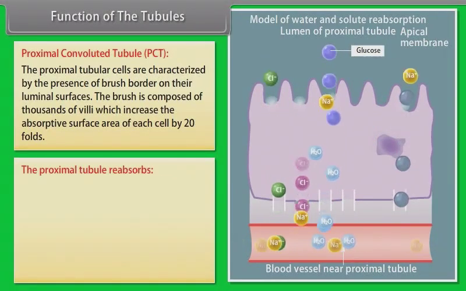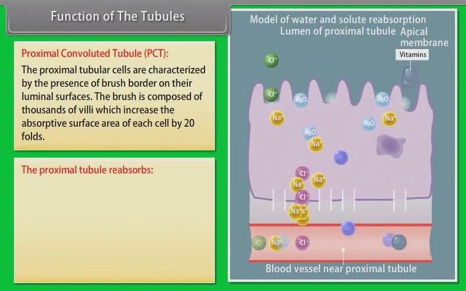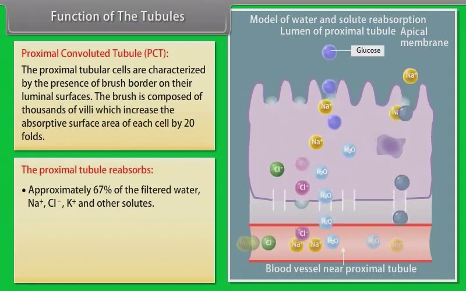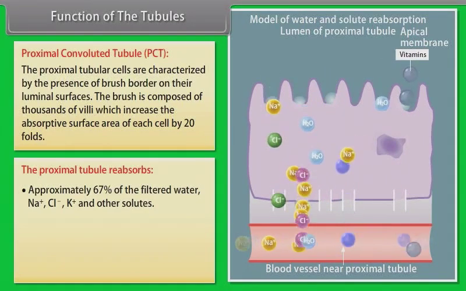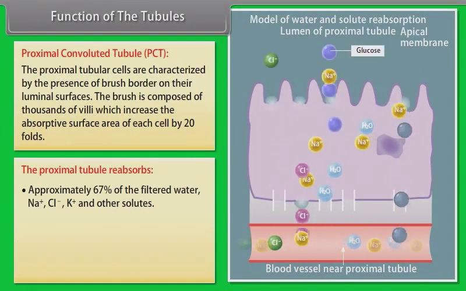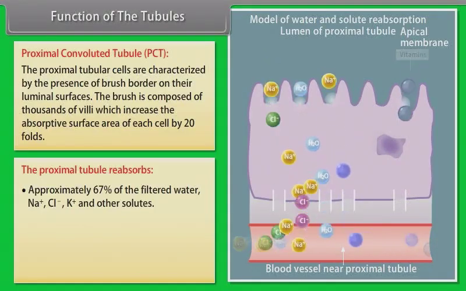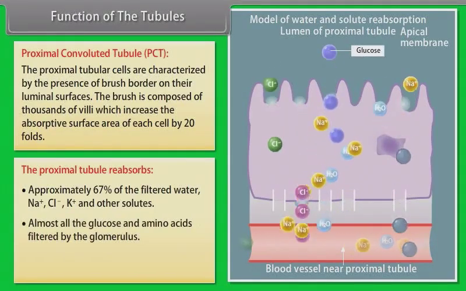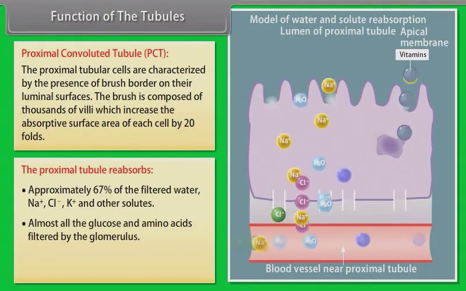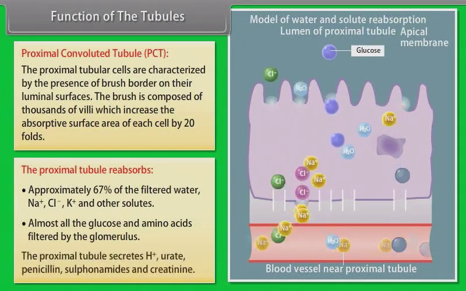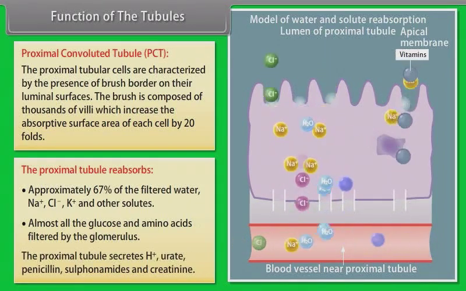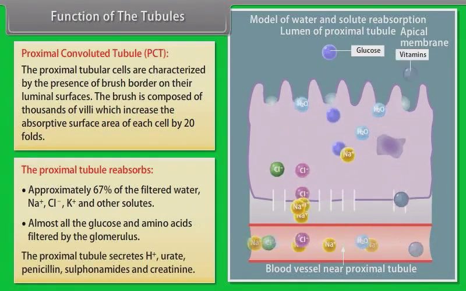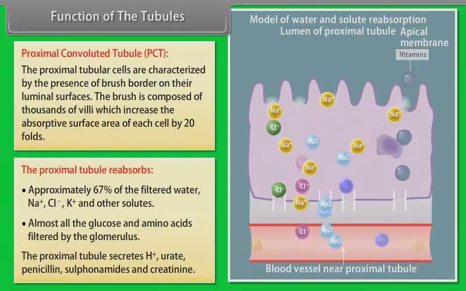The proximal tubule reabsorbs approximately 67% of the filtered water, Na+, Cl-, K+, and other solutes, and almost all the glucose and amino acids filtered by the glomerulus. The proximal tubule secretes H+, urate, penicillin, sulfonamides, and creatinine.